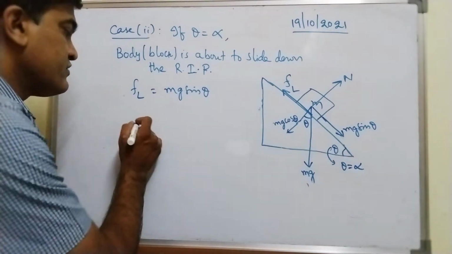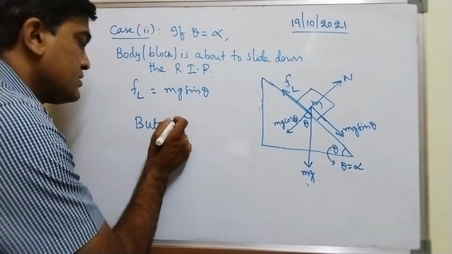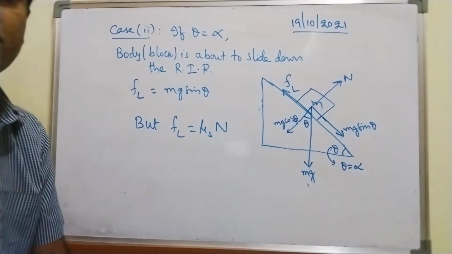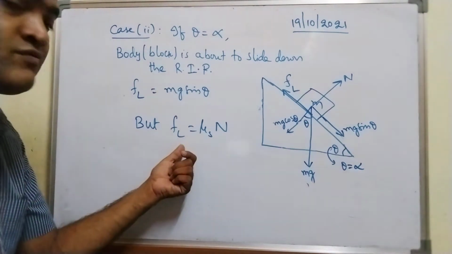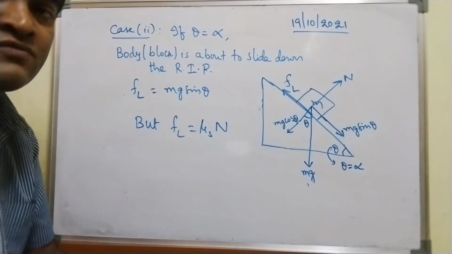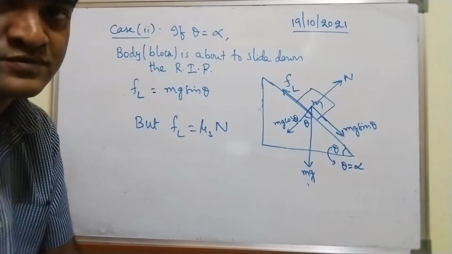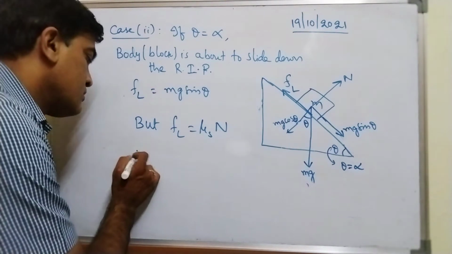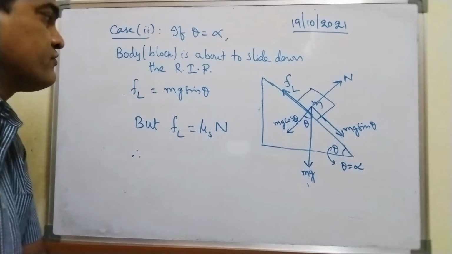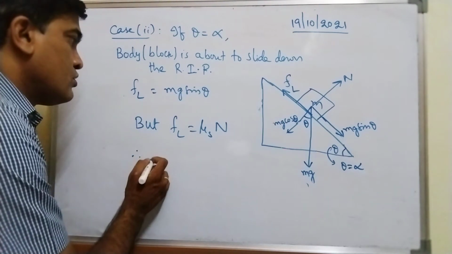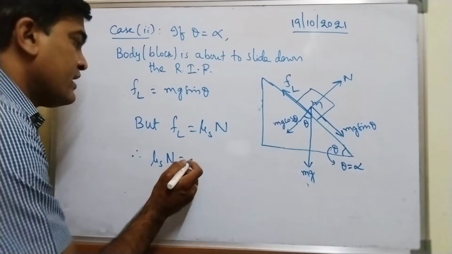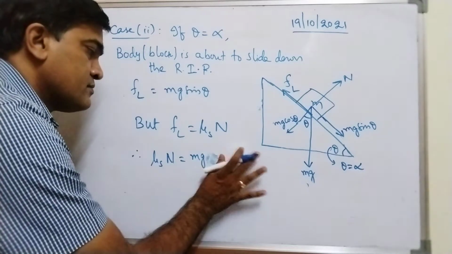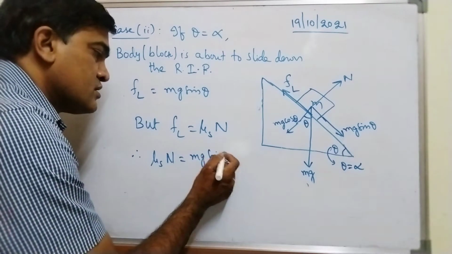The limiting frictional force is equal to mu s into N. Remember this, a very, very important formula. This is the formula you have to write in case of limiting frictional force, but not for static frictional force. So limiting frictional force FL is equal to mu s into N, which equals mg sin theta.